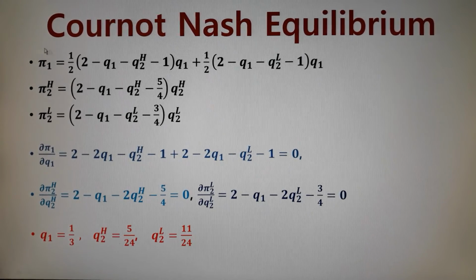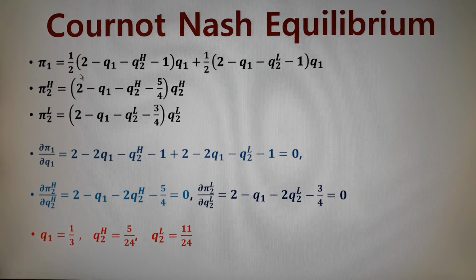So the first company can only control Q1, second company with high cost can control Q2H, second company with low cost can control Q2L, so you differentiate them respectively by the variables you can control. Differentiate by Q1, let's forget about half and half in front of it, because when you differentiate, constant numbers don't matter.